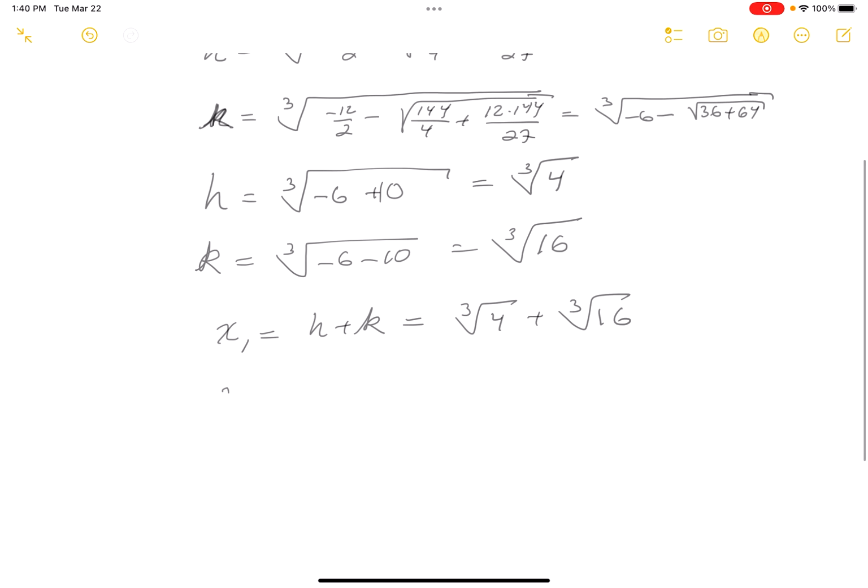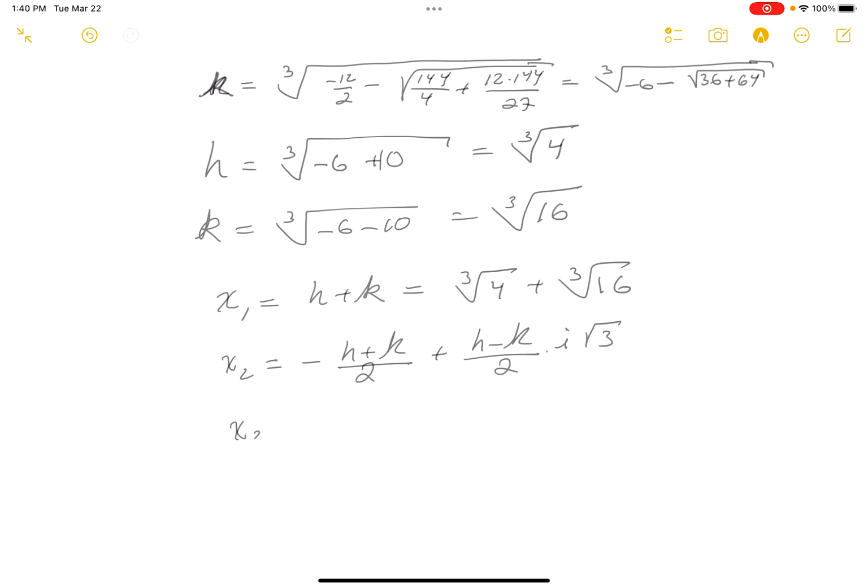I'm going to write x2 down. x2 will equal minus (h plus k) over 2 plus (h minus k) over 2 times i root 3. All right? The next root, x3, we'll do those in a moment, is going to be minus (h plus k) over 2 minus (h minus k). Whoops, that doesn't look like an h, does it?